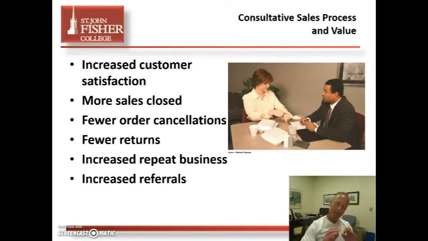Remember, again, and I think I've said this on just about every module that I've taught so far, what we're not trying to do is sell a product. We are trying to provide solutions to customer problems or needs. That's what we do. In order to find those solutions, we need to understand what those needs are.